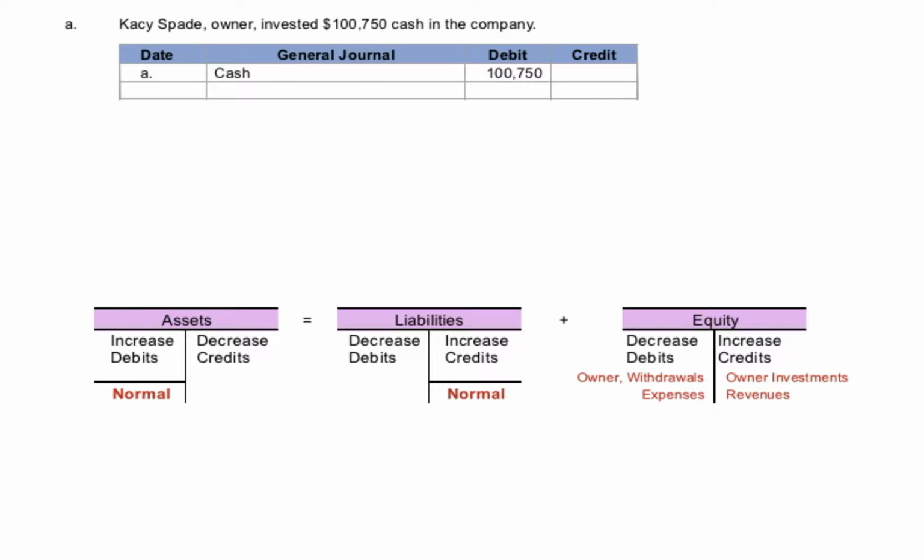So if I was liquidating after this transaction, all of the cash that I put in my bank account could come back into my pocket, right? So it should make sense that the owner's name capital account here is what is going to get this credit.